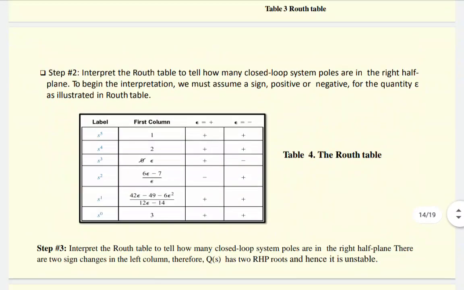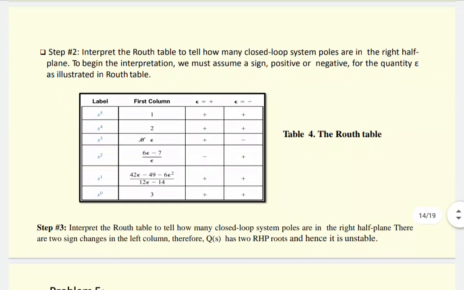Now interpret the Routh table to tell how many closed loop system poles are in the right half plane. To begin the interpretation, we must assume a sign, positive or negative, because we don't know the value of epsilon. So both cases should be considered. See here.